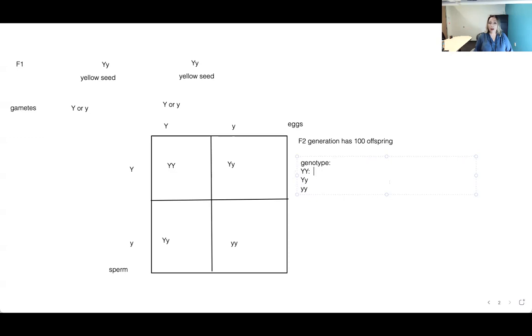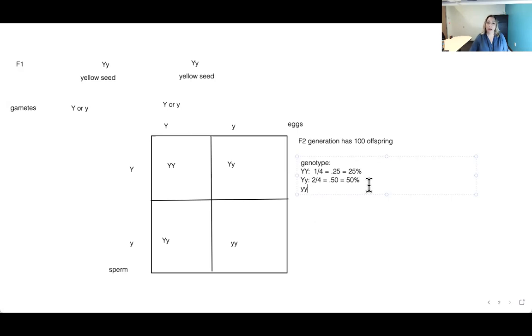So let's look at big Y. 1 out of 4 squares has big Y. So that equals 0.25 or 25%. Okay, we have big Y, little y, and you find that in 2 out of 4 squares, which equals 0.50, which equals 50%.